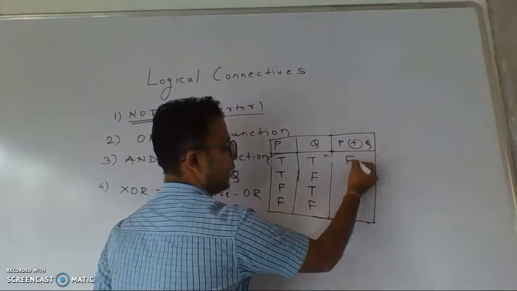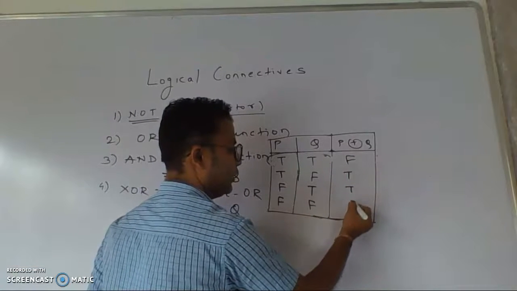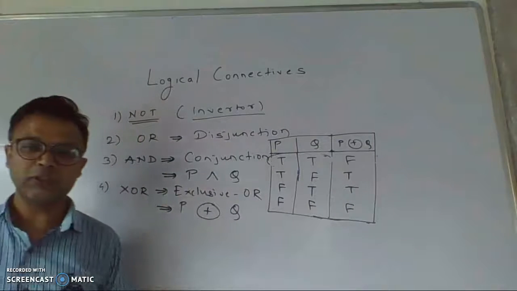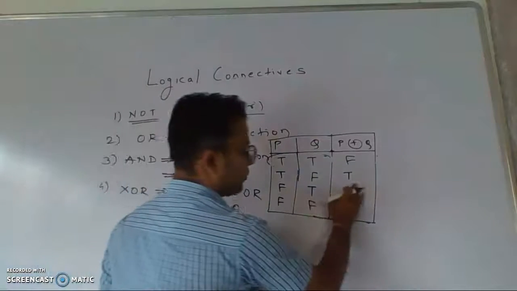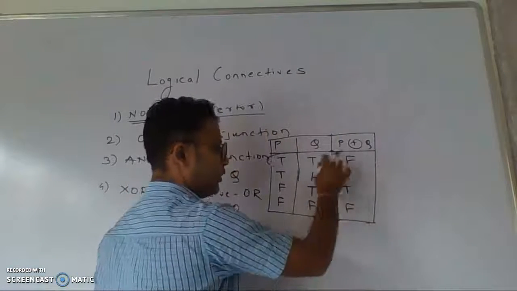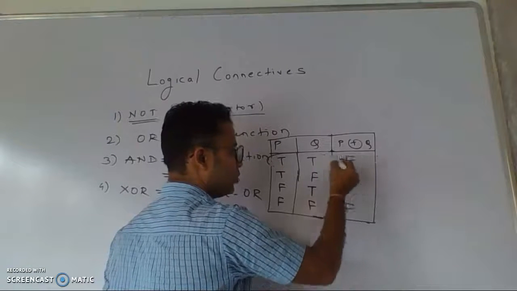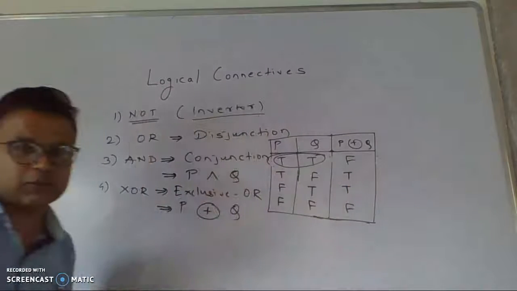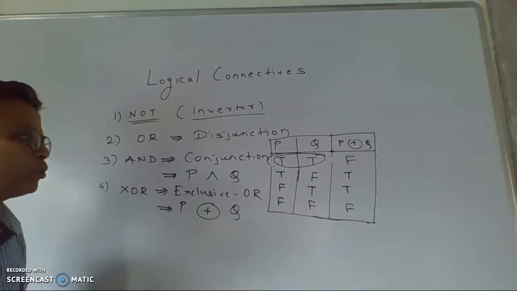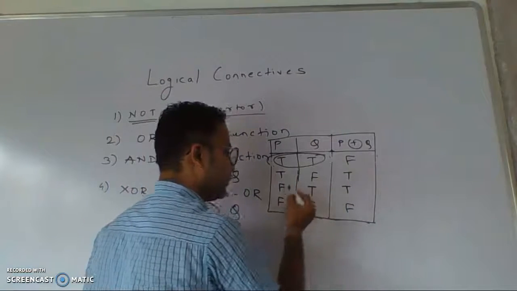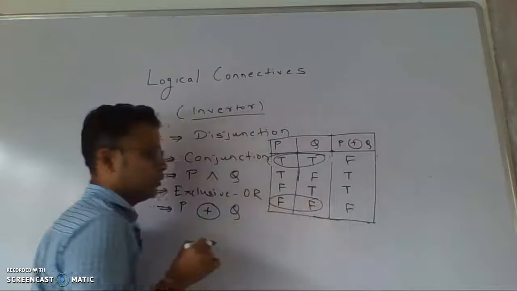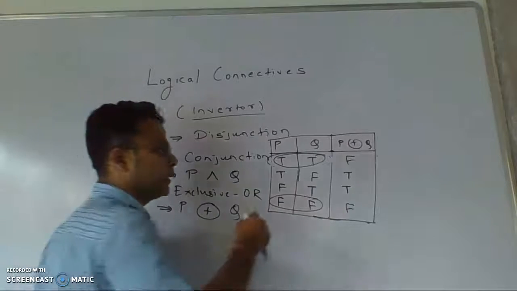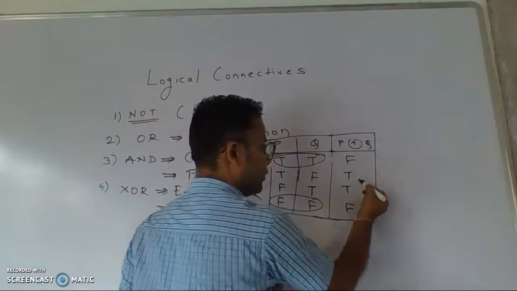Carefully observe this. See, if both statements are the same, then the resulting value is false. In case of XOR, for two operands, if both the operands are the same, that is either TT or FF, it means both the statements have the same truth value, then your XOR operation is false, otherwise it is true.